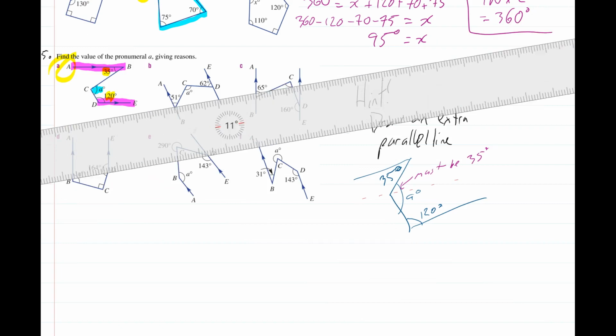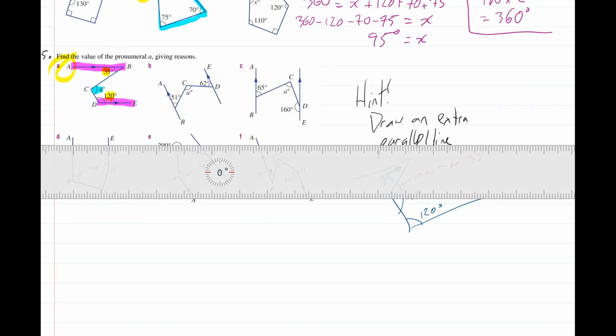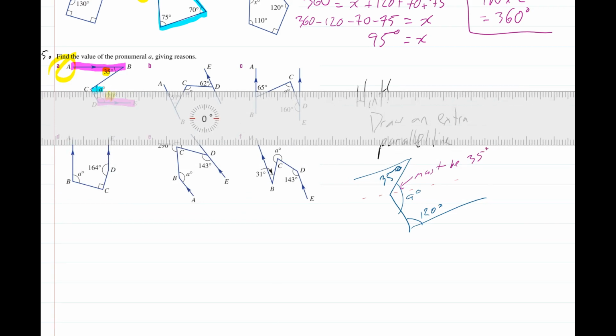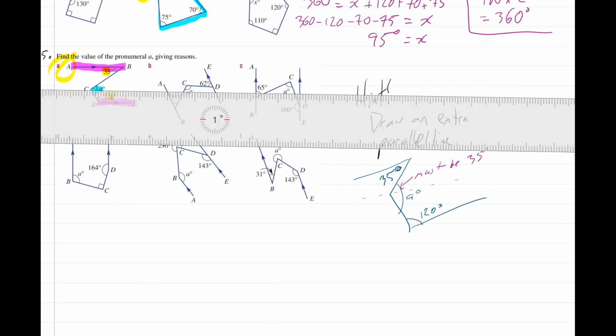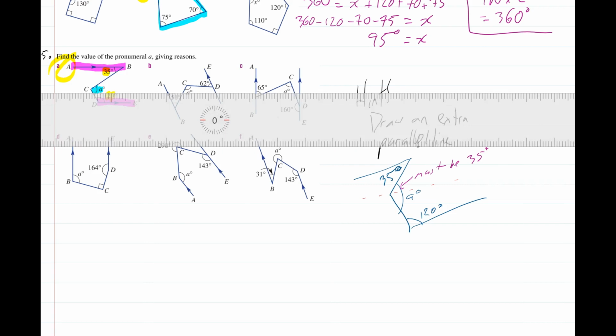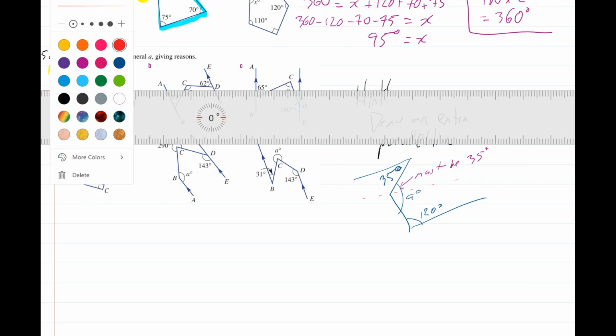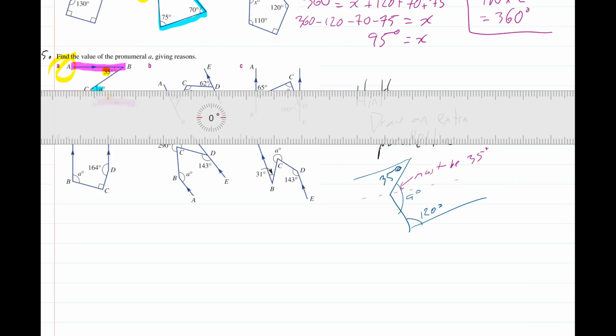So here's a ruler. I'm going to put an extra line in here, and you'll see why in a sec. So I'll put in my extra line, a bit thicker, through there.